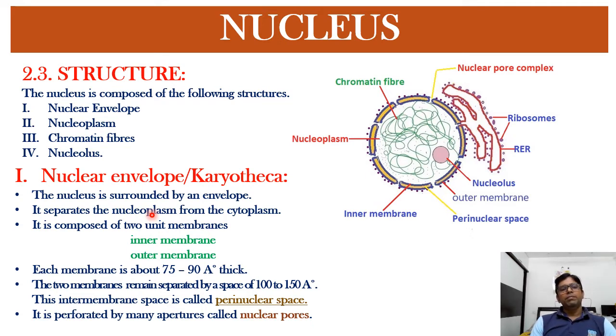The nuclear envelope is composed of two unit membranes made up of lipoproteins, namely the inner membrane and the outer membrane. Here you can see in the picture, this one is the inner membrane and this one is the outer membrane.